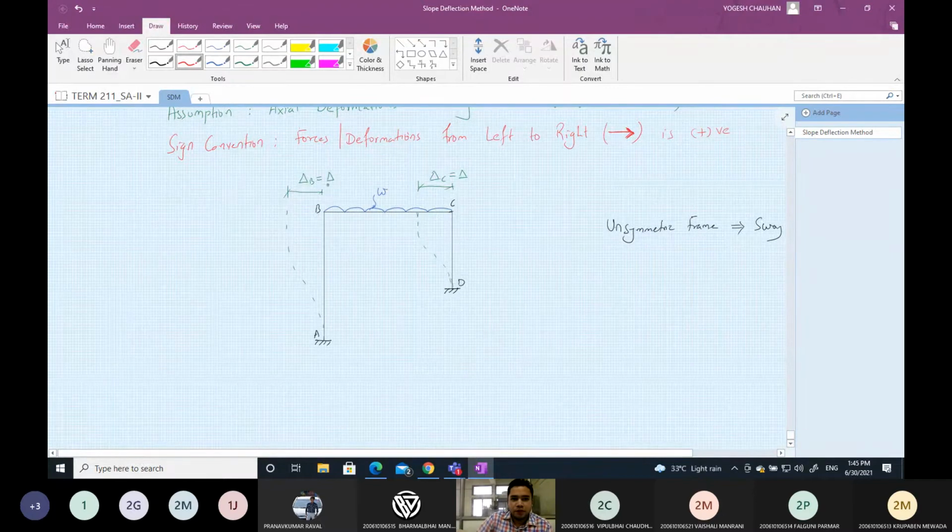Now because of this sway, there is one extra unknown. So here the unknowns will be theta B, theta C and this delta. This delta is also unknown.